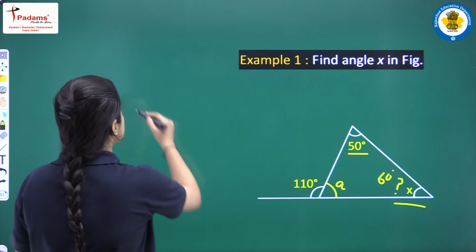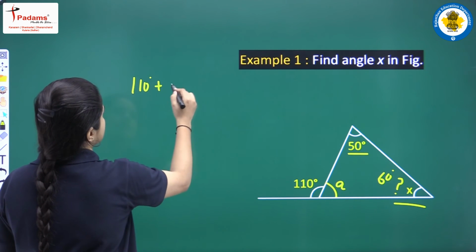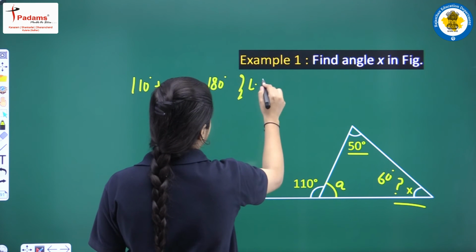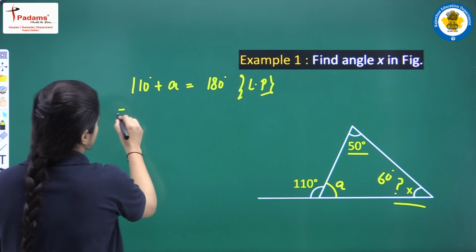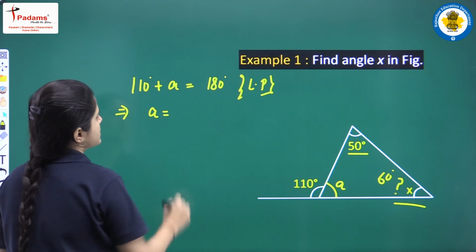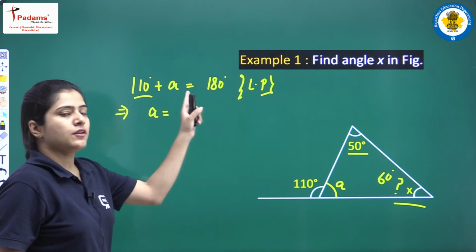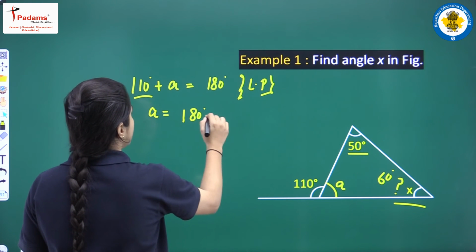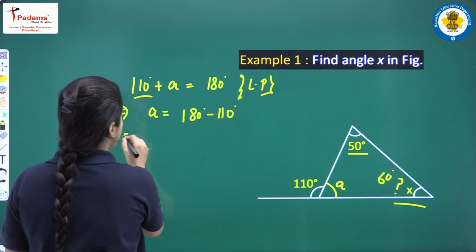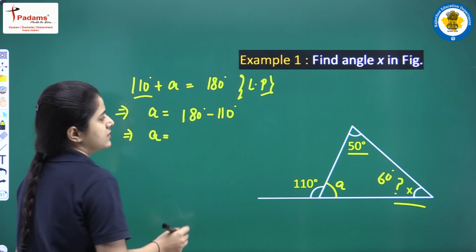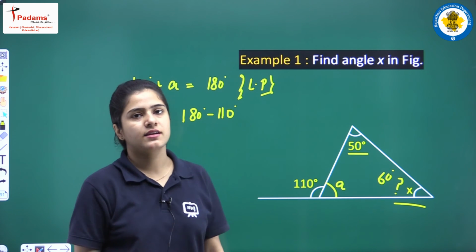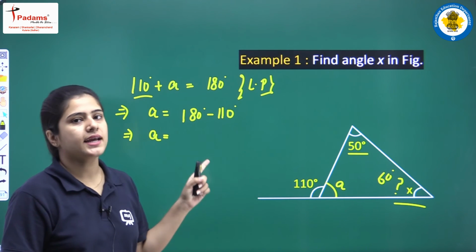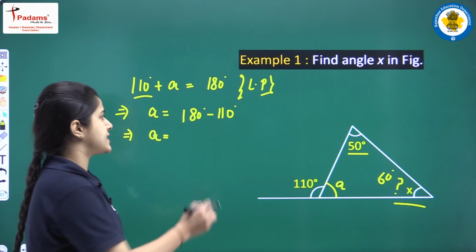So it means that 110 degree plus A is equals to 180 degree because they are forming linear pair, right? So students, A is equals to, transpose this 110 from the left hand side to the right hand side. It will become 180 degree minus 110 degree. Okay, students. Then this A is equals to 180 degree minus 110 degree. It will become 70 degree.